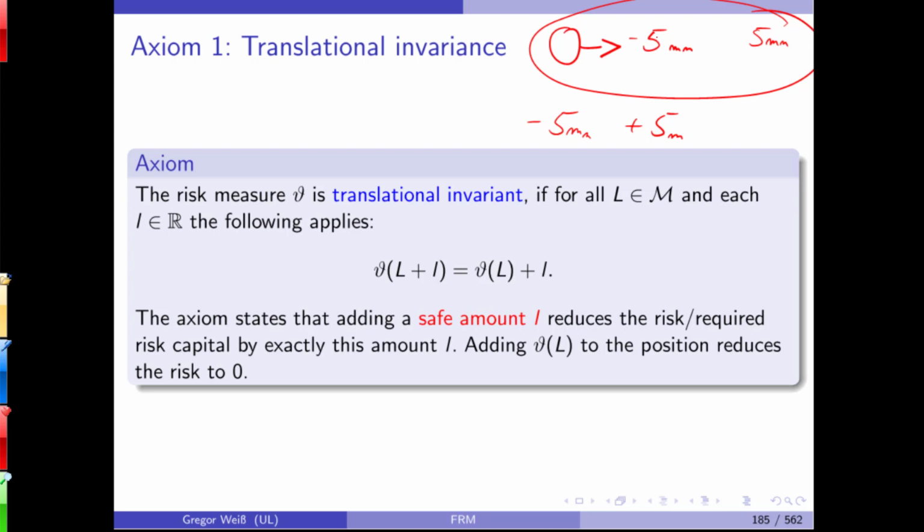And if we have a random variable that has risk exposure of 5 million, and we put 5 million into this position, then we have minus 5 million needed cash plus 5 million available cash, so the joint position will have 0. So that's fine. But if the risk exposure is 5 million, we do not need 4 million or 6 million to hedge this. And I'll give you one example where translational invariance is not given.